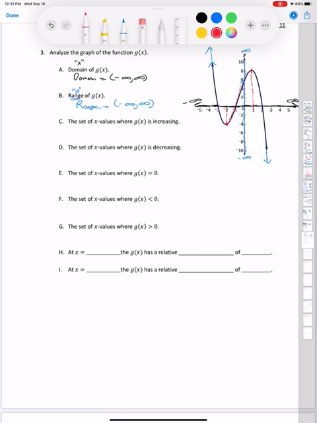So all x values greater than negative 2. So I'm going to put it in interval notation. So let's write that down here. Our increasing interval. This graph has 1, and that's all x values greater than negative 2 and less than 1. So yeah, between negative 2 and 1 on the x-axis, the graph is rising. It's going up from left to right.